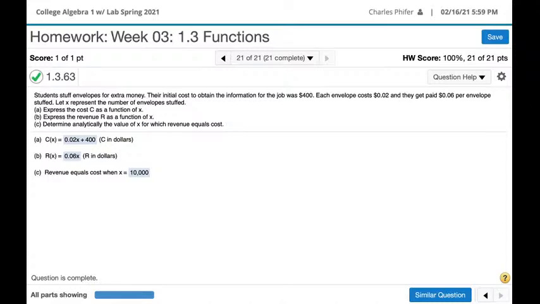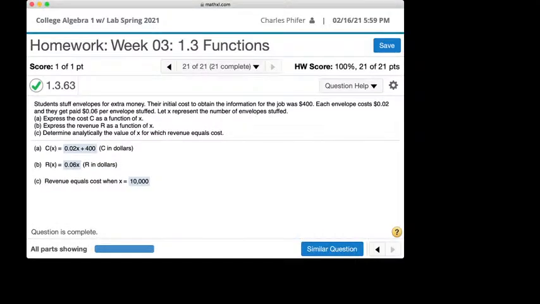Let me look at the previous homework assignment. Let's spend some time there for a moment, the factoring. I can get it to work.